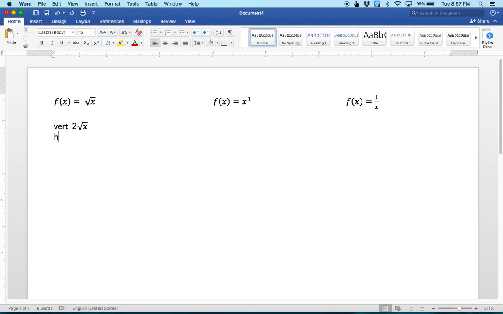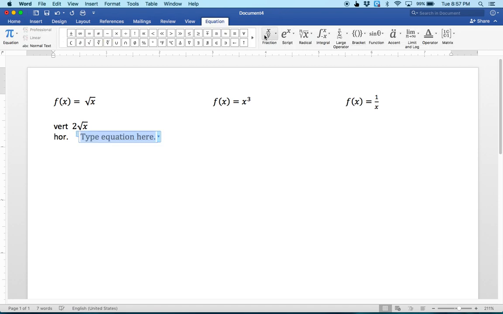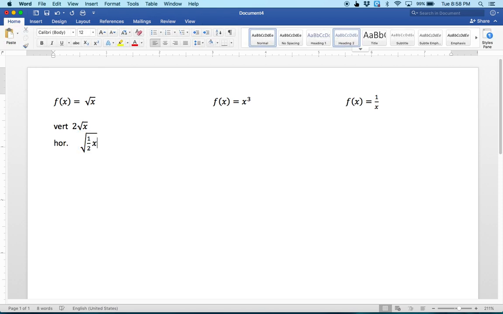If it was going to be a horizontal stretch or shrink, this is where we have to do the reciprocal. But horizontal, like I said, always happens on the inside of the function. So instead of using 2, we'd have to use 1/2. And again, because it's horizontal, it's going to happen on the inside of the function.